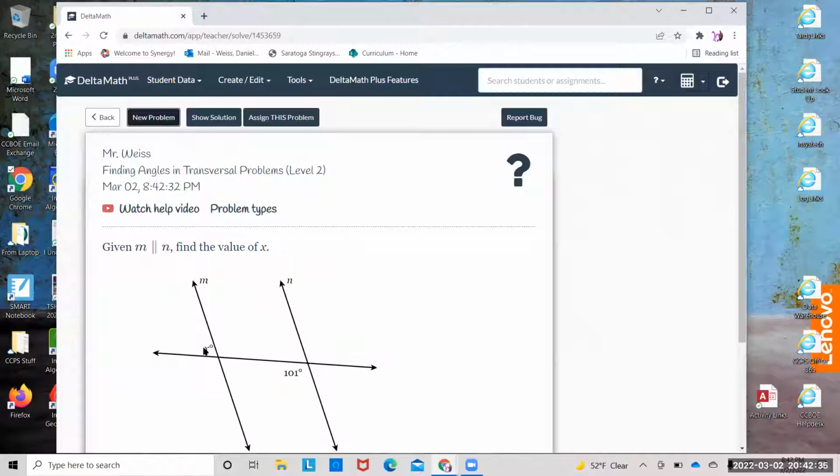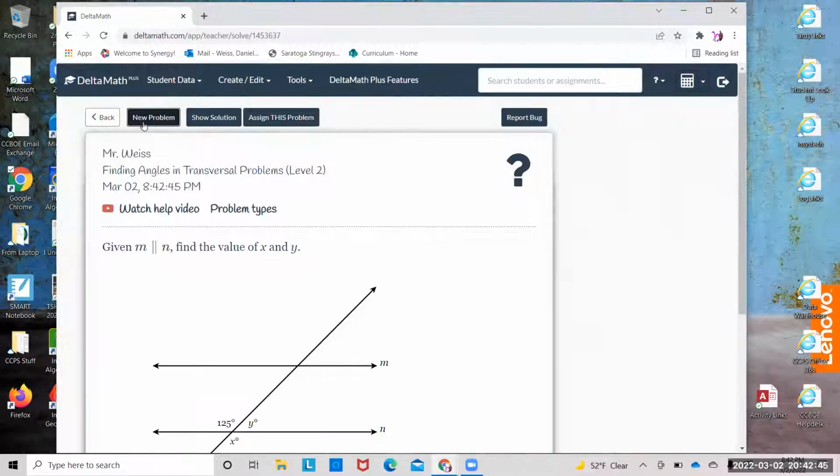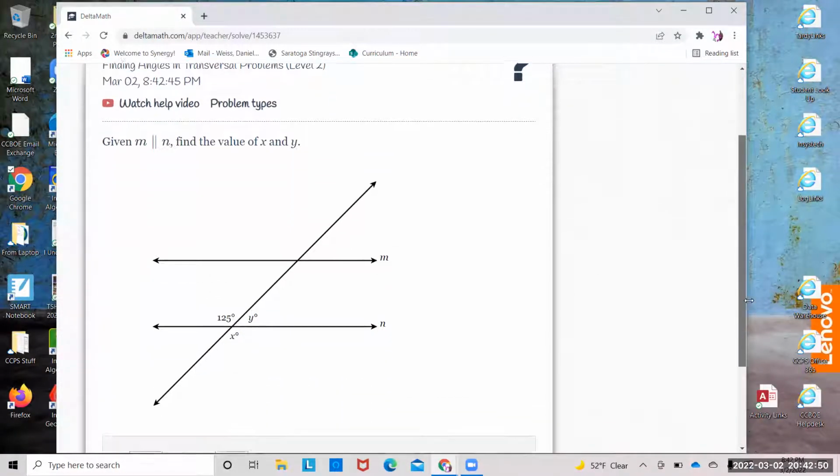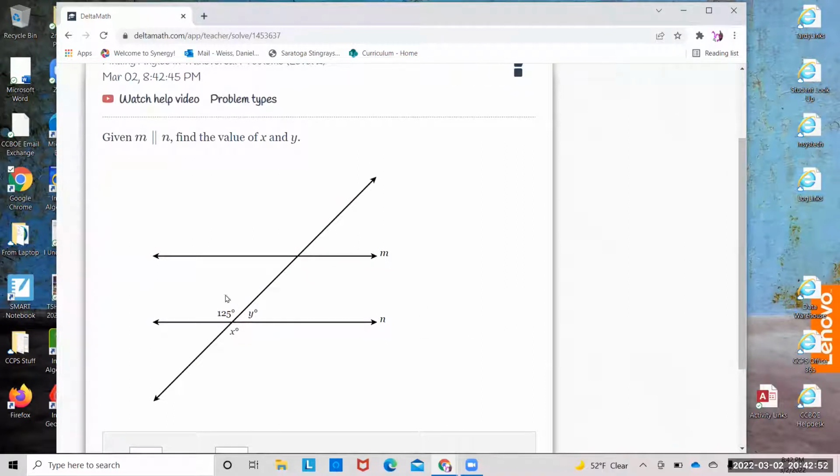Here, if this is x, then this is x, you have to subtract from 180 to get x. 180 minus 101. Here, oh, remember vertical angles, right? These are vertical angles. So x is 125, but then you got to subtract 180 minus 125 to get y.